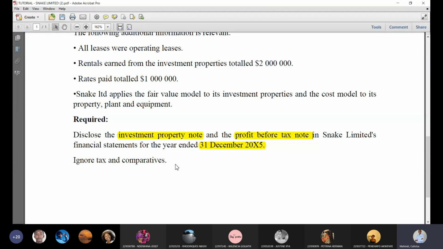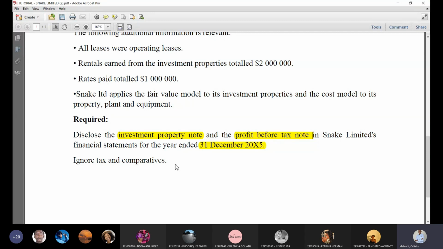But for our purposes, what we need to know are the income and expenses that relate to our investment property. The income would be your rental income that you receive from the investment property, and your expenses would be any expenses that relate to that investment property.